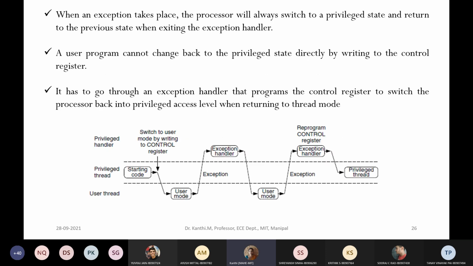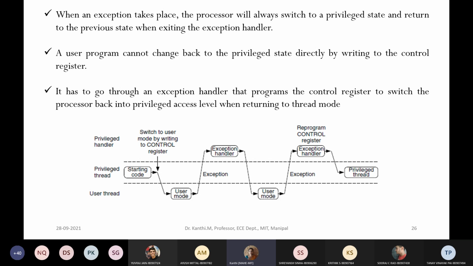This diagram shows how you switch between the user mode and the exception mode. Whenever an exception takes place, the processor will always switch to the privileged state, and you return back to the normal handlers after completing the exception.